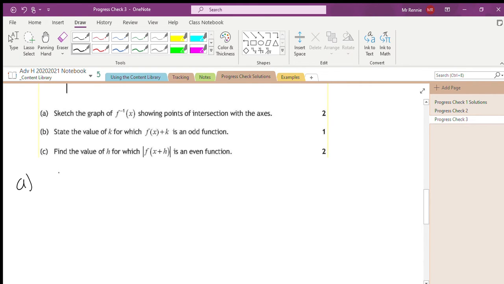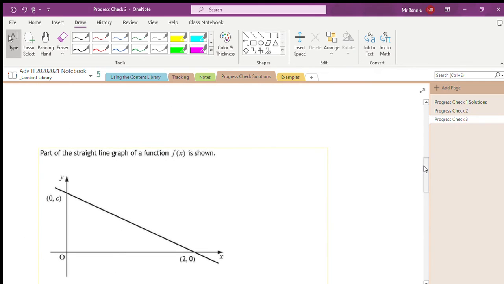What I know on my graph is I've got 2 coordinates: 0, c, that's the y-intercept, and the coordinate 2, 0, where it cuts through as well. Now if we want the inverse function, what that actually means is we reflect everything in y equals x, so everything on one side gets reflected onto the other.